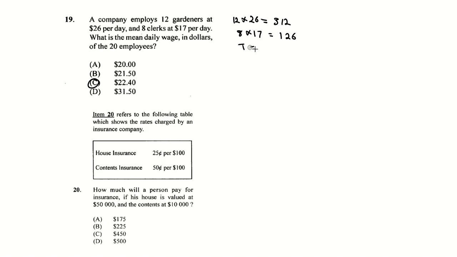So the total would be 312 plus 136, which is 448. So the mean is equal to 448 divided by 20, because that's how many persons it is, which would be 22.40. And that is how you would do this question.